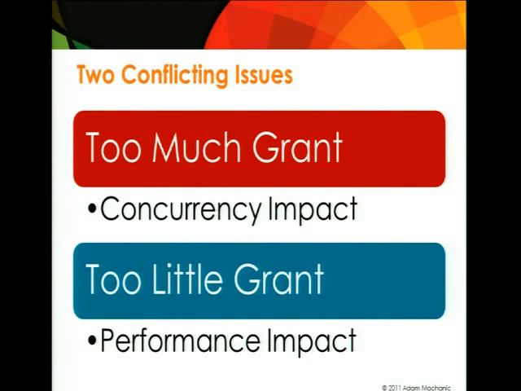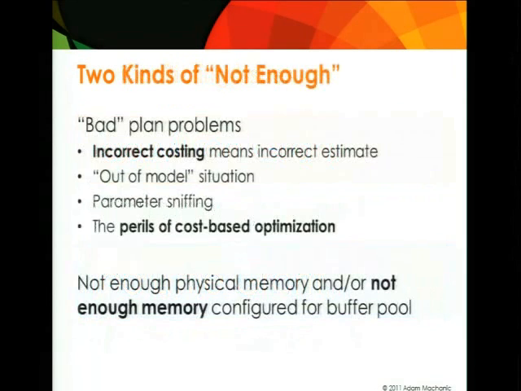Well, that's not good. It's a concurrency impact. Then we have the too little grant, where everything goes to disk. And what we need to find is a way to balance between these things. Maybe allow some things to go to disk, allow other things to run, and hopefully we can find a middle ground that works for everyone.